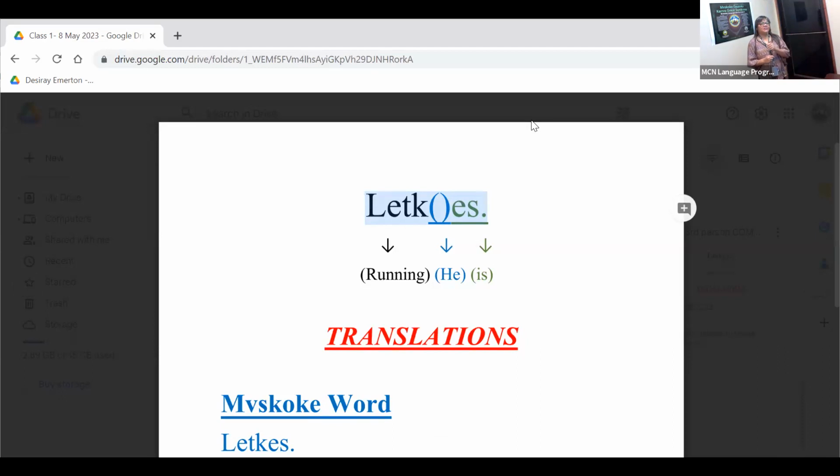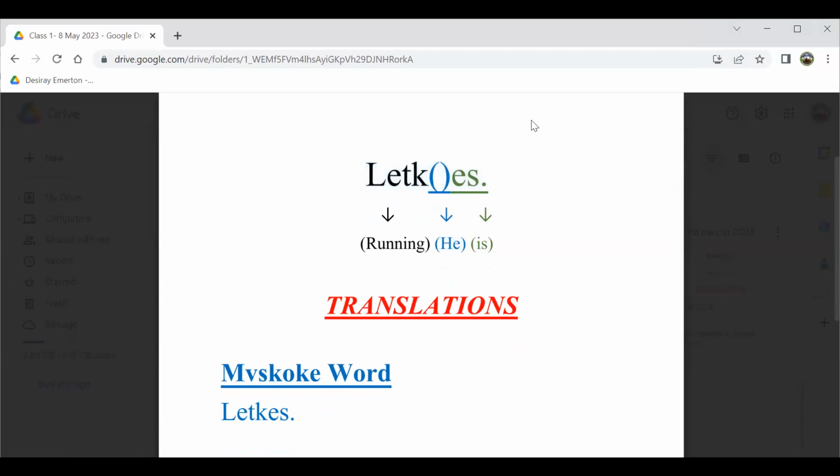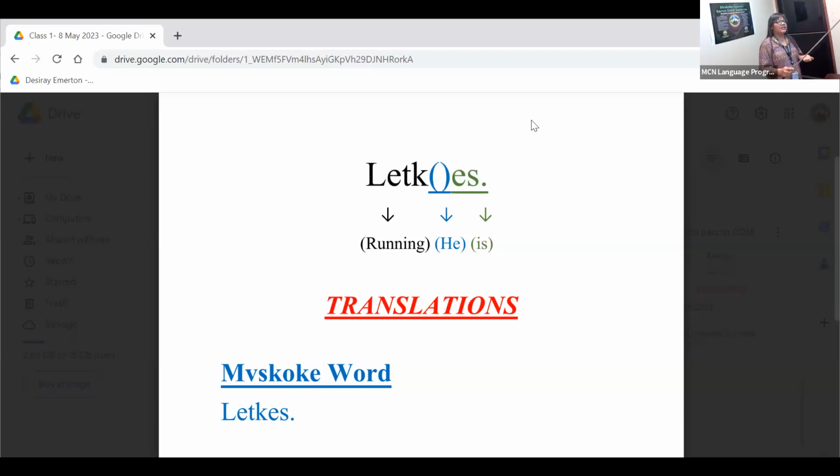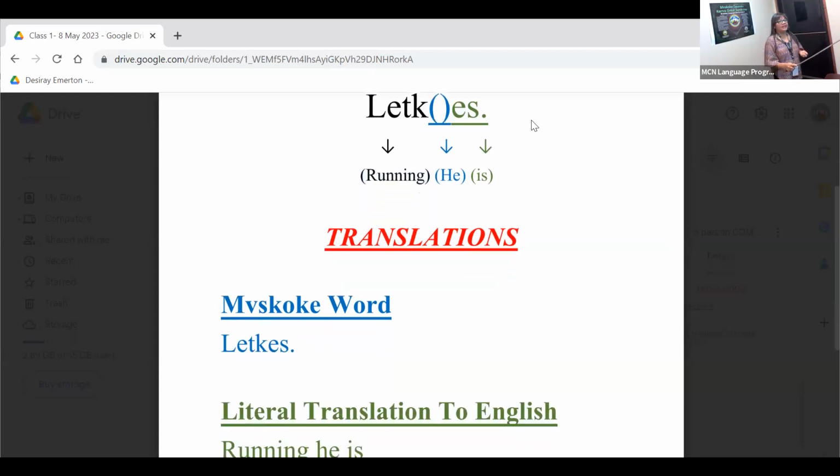So you see on these notes, I have the open and close parentheses because the third person has no person marker, or I mean not person marker, but person holder right here. You just know if it's L-E-T-K-E-S, it's third person, which means he, she, it, or they. Running, and I put he is. It could be running, she is, running, it is, running, they are.